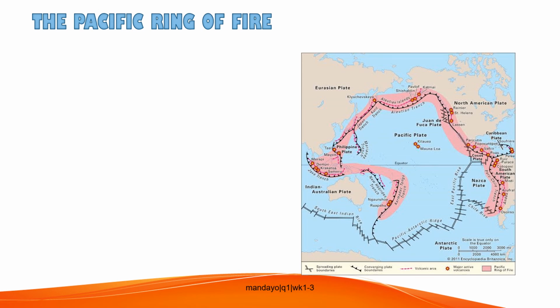The Pacific Ring of Fire is emphasized in this map. It covers the border of the Pacific Plate. 75% of recorded active volcanoes are found along the Pacific Ring of Fire, while 81% of earthquakes originated from this ring too.